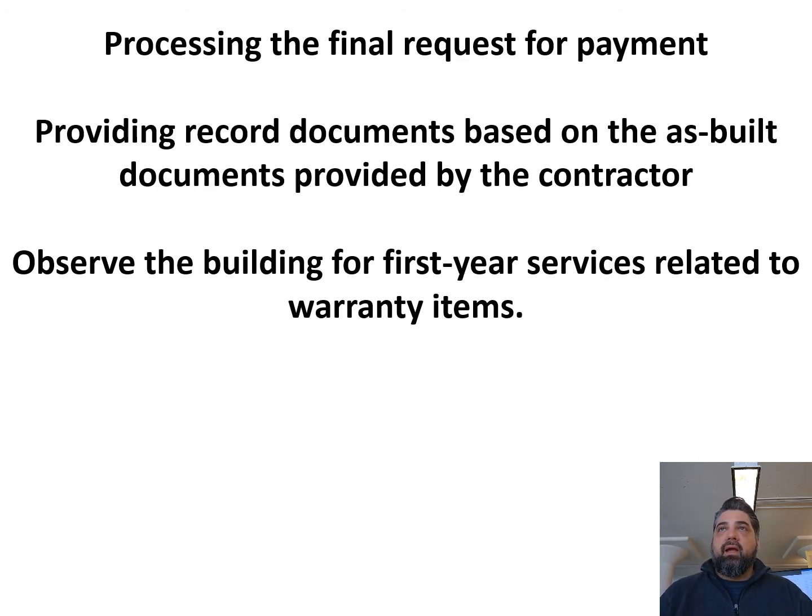So typically at month 10.5 or 11, you will send an email to the owner and the contractor that says, hey, we are approaching 1 year from substantial completion. It's time we do a walkthrough of the building and make sure that we have identified anything that is not operating properly or anything that is not performing as expected, so that we can continue to use the general contractor's services to fix those items.